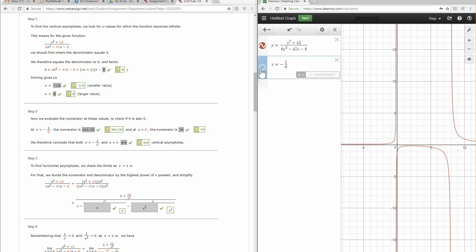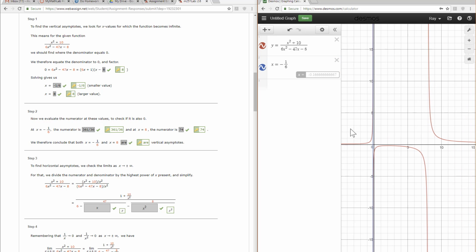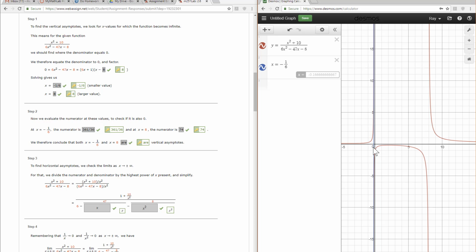Looks like we got the blue graph here. It's hard to see, but it is in fact an asymptote. As we get closer and closer to negative 1/6, this thing goes off to positive and negative infinity. And then our other asymptote looks like it's going to be positive 8. If we look at the x values as we trace this, it's going to be positive 8.